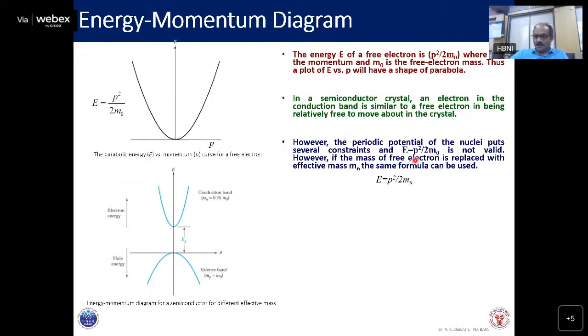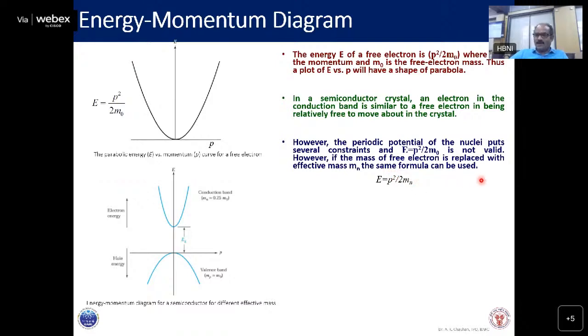There are several atoms placed in between, so though it can accept that energy and try to move like a free electron, since it is in a periodic potential, it will have certain constraints.